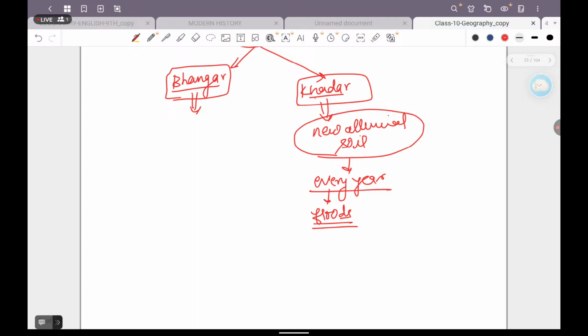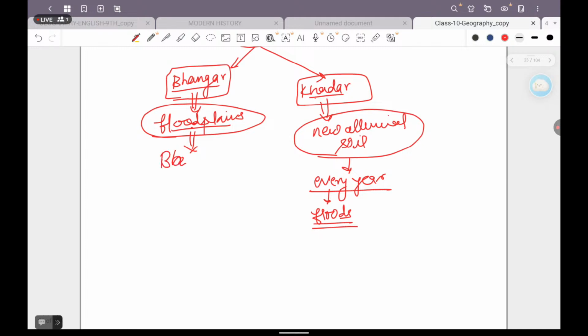That is the Khadar soil. Whereas what is the Bangar soil? It is the older floodplain of the river, the region that has been left by the river, which now flows into a new region. In those floodplains, that soil is the Bangar soil.